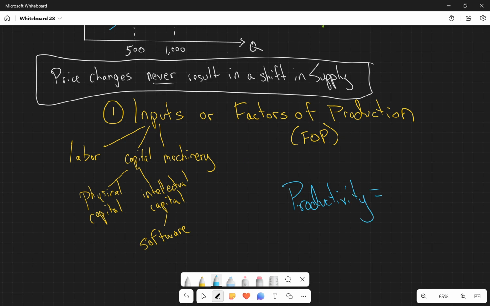But if we think about productivity, it seems like an amorphous, ephemeral term, right? What the heck does that even mean? Well, at the end of the day, productivity can be measured as our national output, which is our GDP. We're going to get to that, but our output, so how much stuff we make, divided by the number of people working.